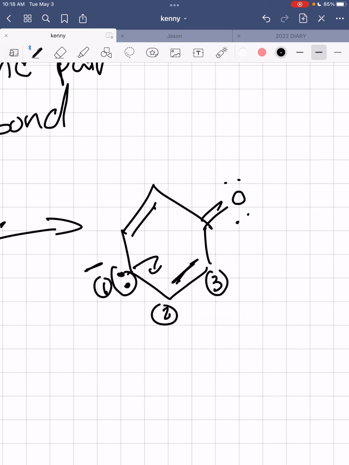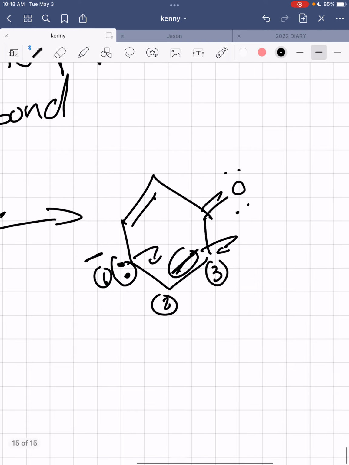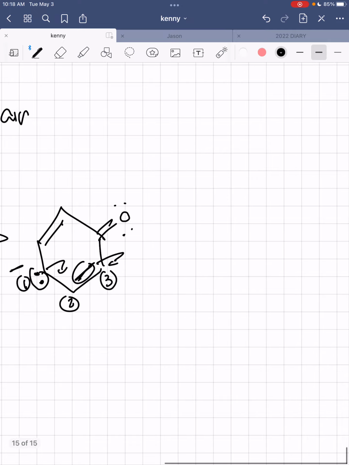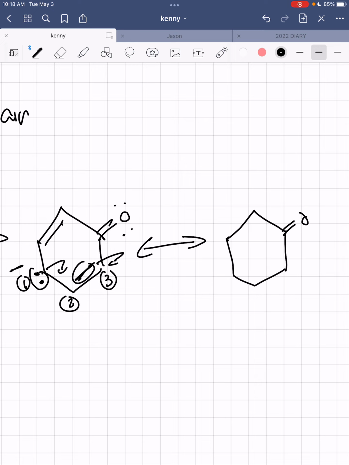This would be transferred here to a double bond, and this would be transferred here into a lone pair with a negative charge. So we draw that over here. The lone pair that was right here turns into this double bond, and the double bond that was right here turns into the lone pair.